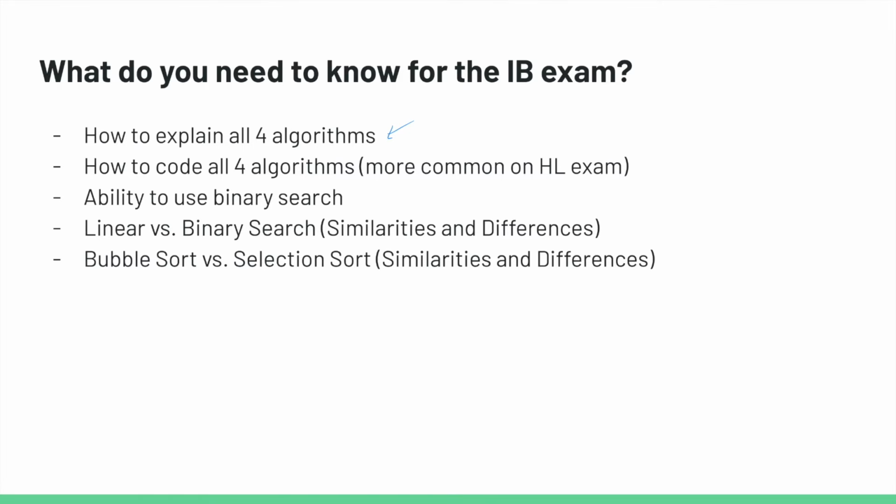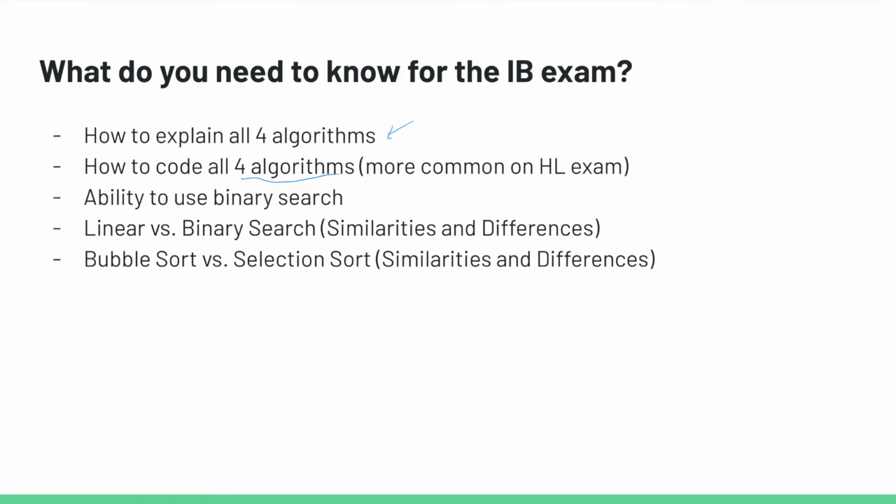Now next, there's a lot of confusion as to whether you actually need to be able to write code in pseudocode for these algorithms. What I will say is that at some point I have seen questions involving actually writing IB pseudocode for these algorithms on past paper 1s, for both SL and HL. However, it's extremely rare on the SL exam, and if it does exist, it's more common on the HL exam.